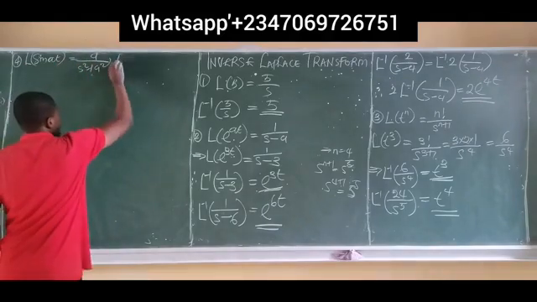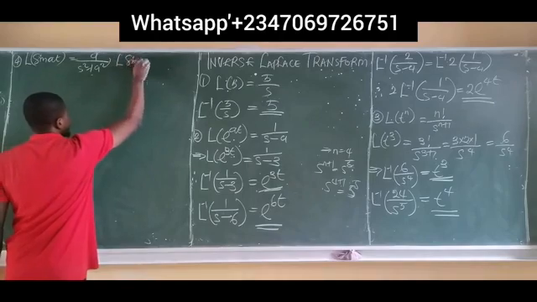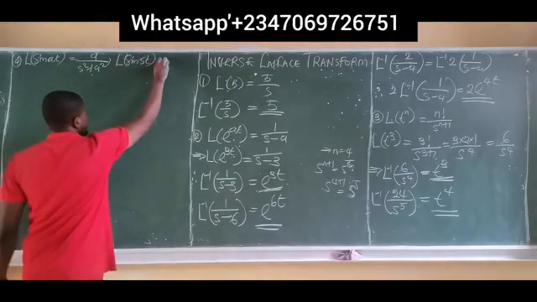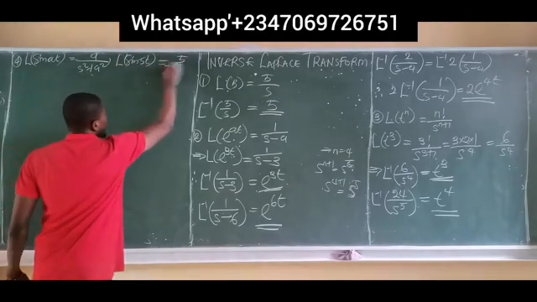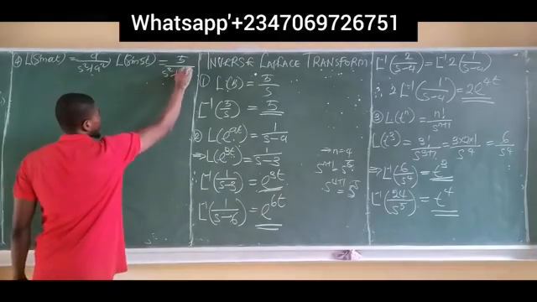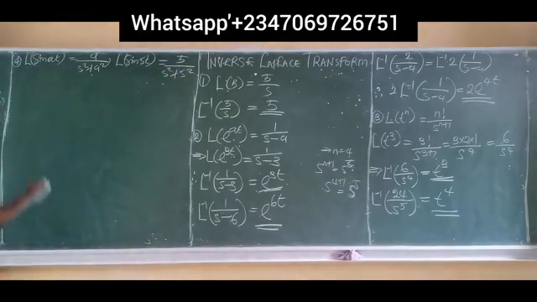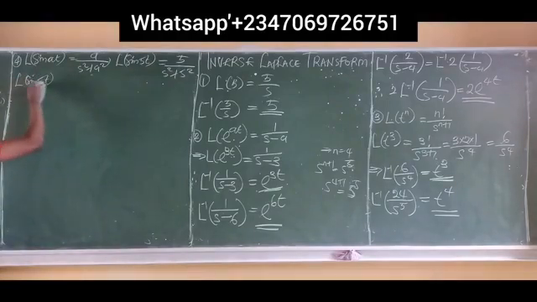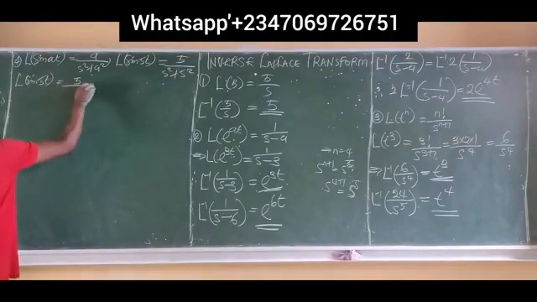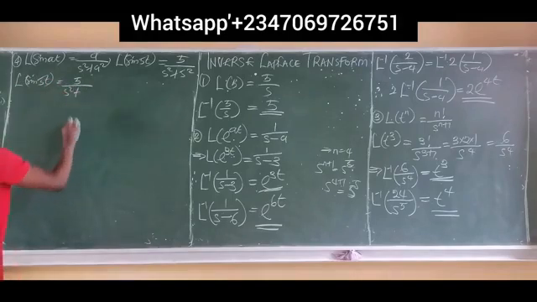So let's say we're asked to find the Laplace of sin 5t. This is actually 5 over s squared plus 5 squared. Therefore, the Laplace of sin 5t is equal to 5 over s squared plus 5 squared, which will give us 25.